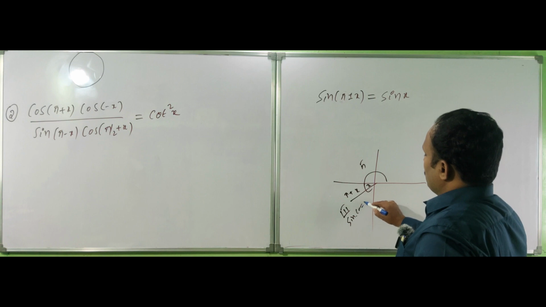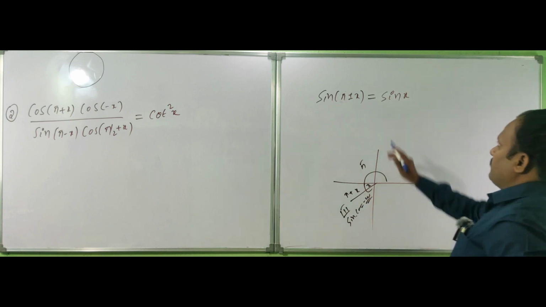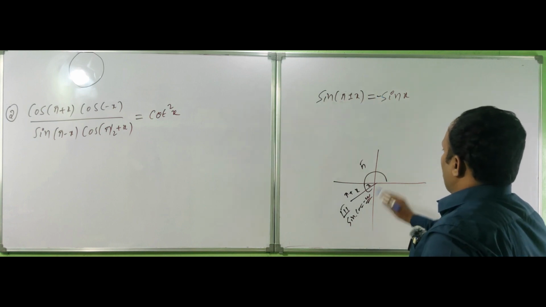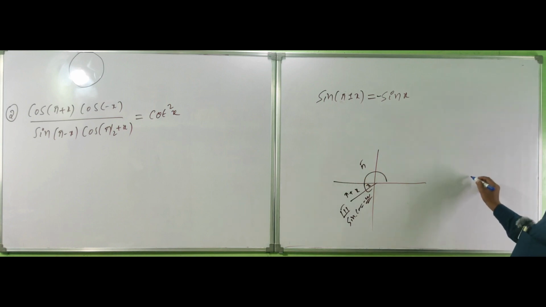Sin and cos are negative. For plus you will get negative. Minus pi minus x: this is pi, this is x, this is pi minus x.